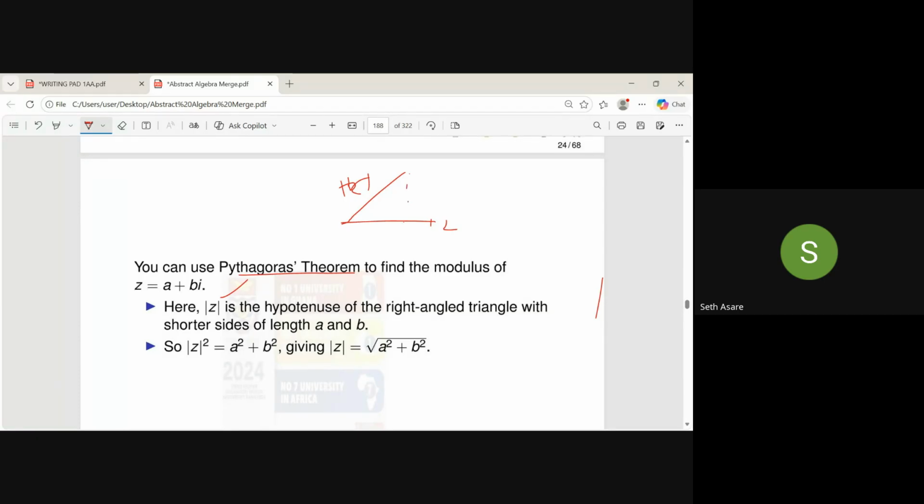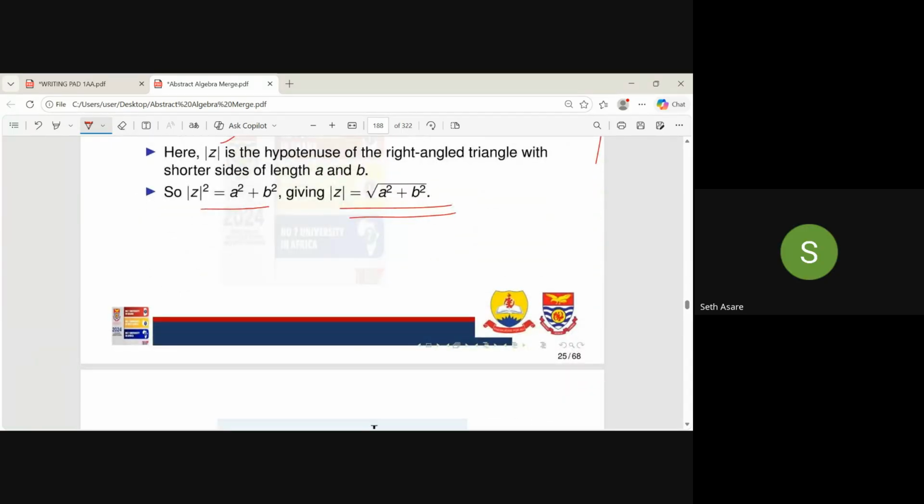This one will be parallel to this. So this side becomes b, and here is a. If I have the modulus of Z here, and I'm using the Pythagoras theorem approach, then this square plus this square is equal to this square. That is what we have. And finding the modulus of Z, we use this one.